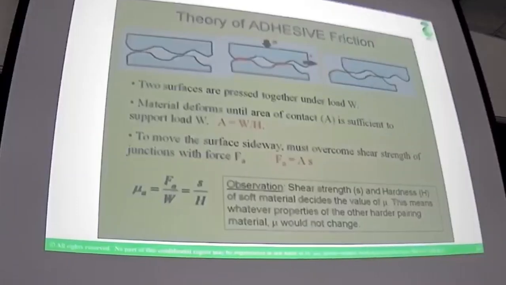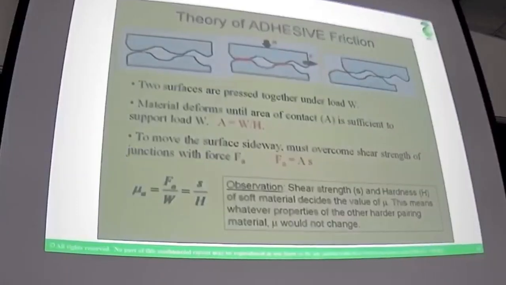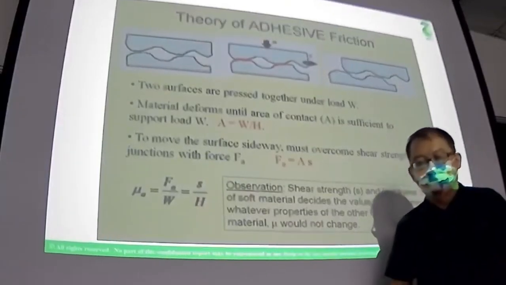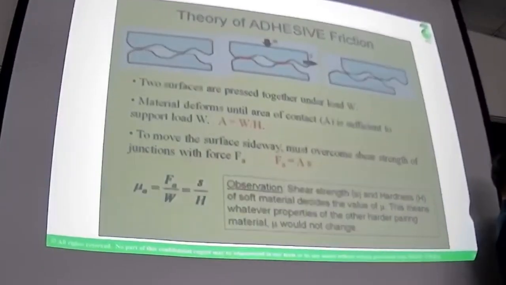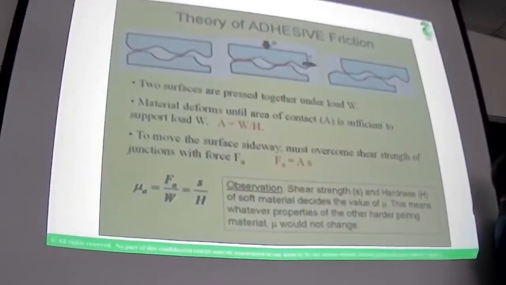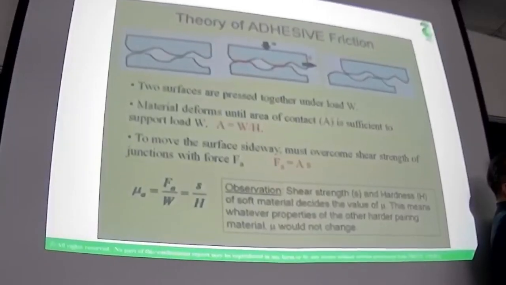So what is the empirical formula? The formula was obtained by experiment. From the statistic data of the experiment, you can get an empirical formula.